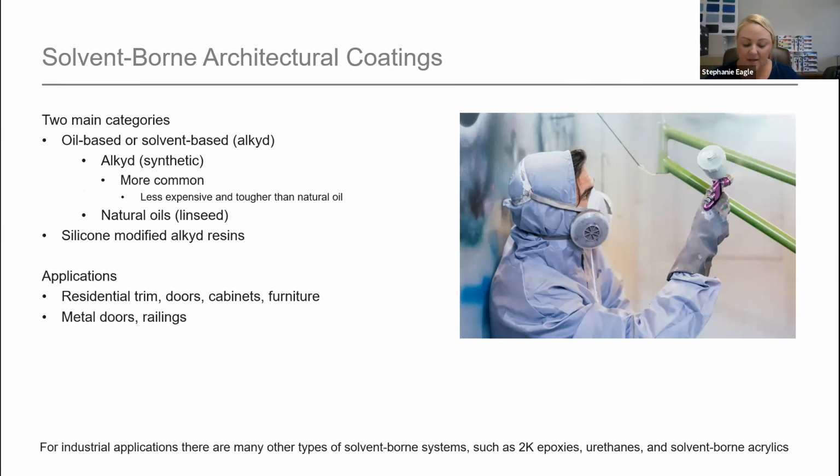Oil-based, which is alkyd, or silicone modified alkyd resins. What is an alkyd? It is a group of synthetic polyester resins derived from various alcohols and acids used in varnishes, paints, and adhesives. A 2K or 2-component paint. One example is an epoxy paint or 2-part epoxy that requires a hardener in order for it to dry.